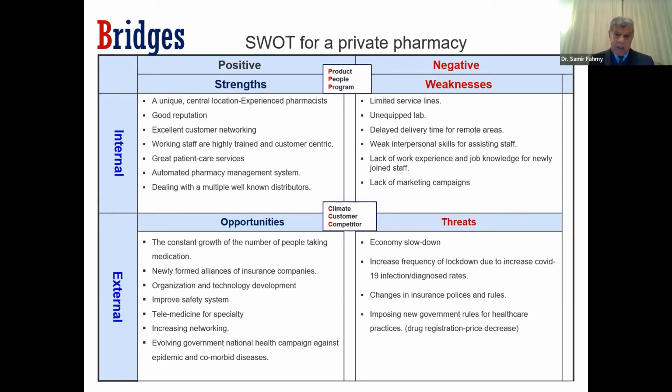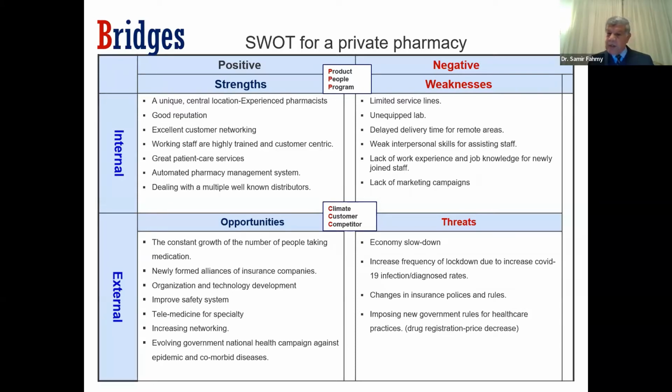For the threats, as a sample, we may raise the economic slowdown, increased frequency of lockdowns due to increased COVID-19 infections and diagnosis rates. It happens many times when the infection rate increases in a way that wouldn't be controllable. Many countries offer lockdowns to minimize the rate.